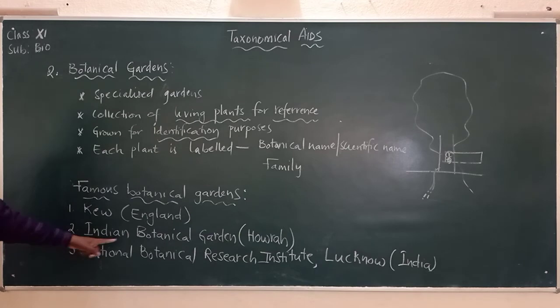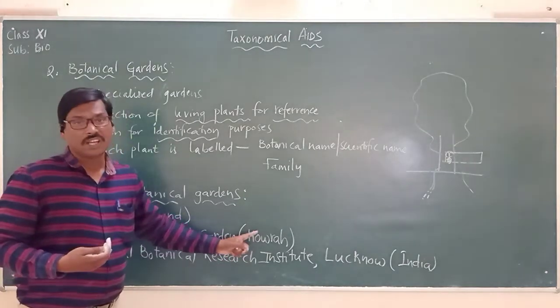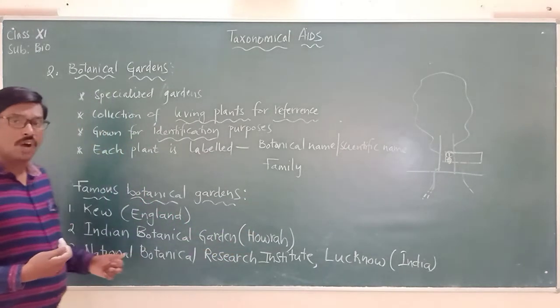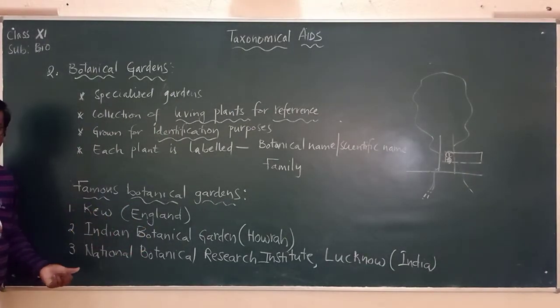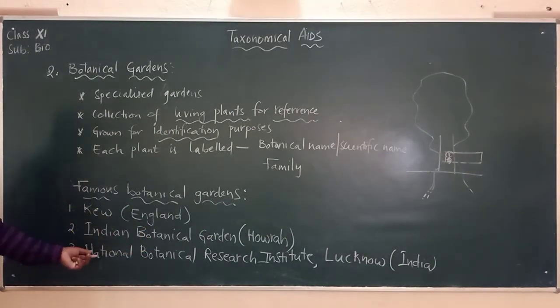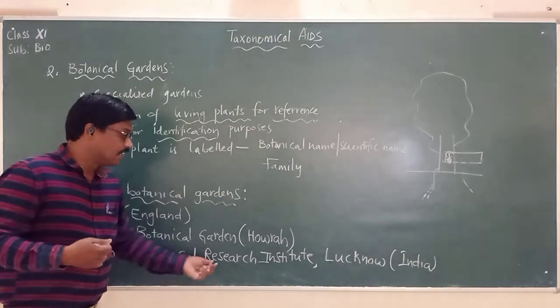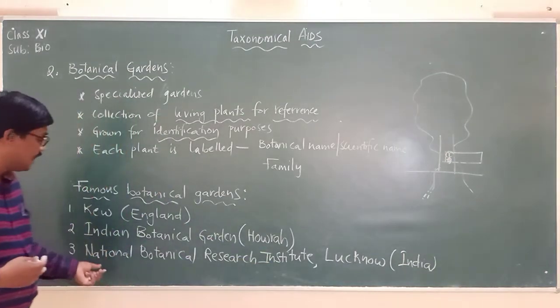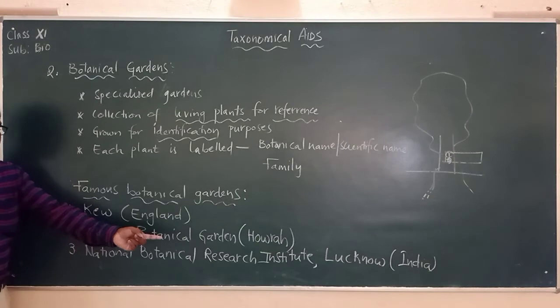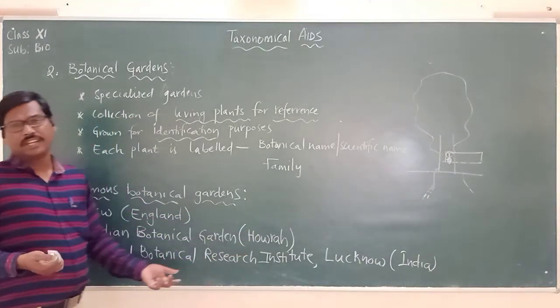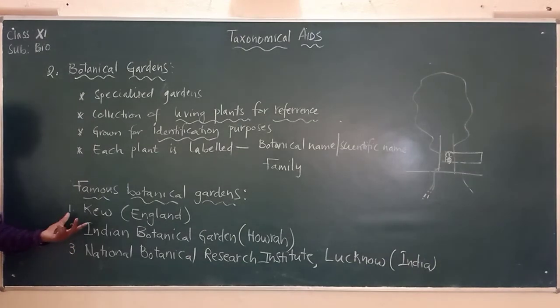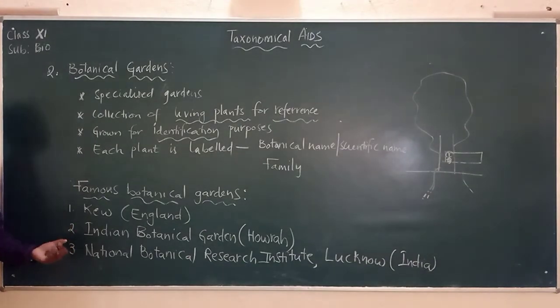The first one is the Indian Botanical Garden, which is in Howrah. And the other is the National Botanical Research Institute, which is in Lucknow. That is also in India only. So these are the most famous botanical gardens.